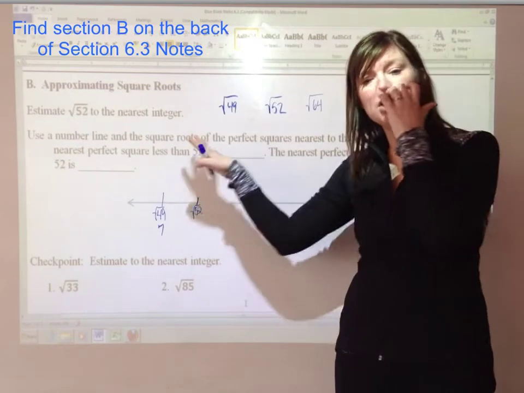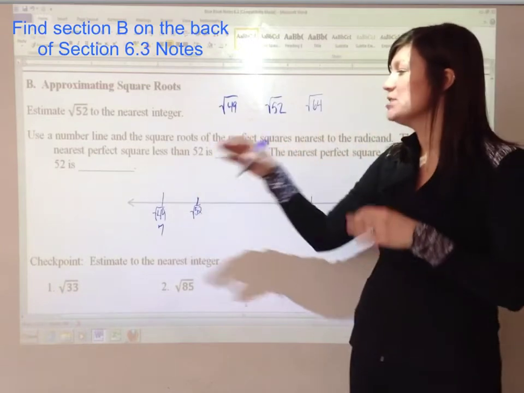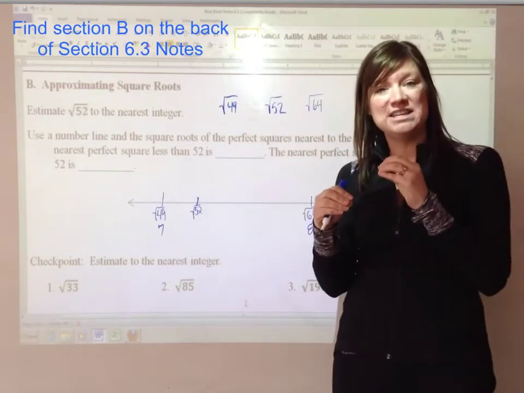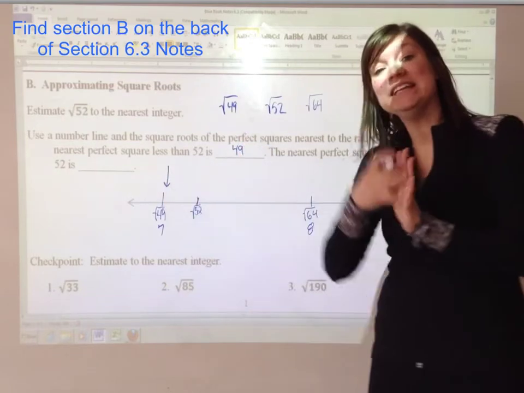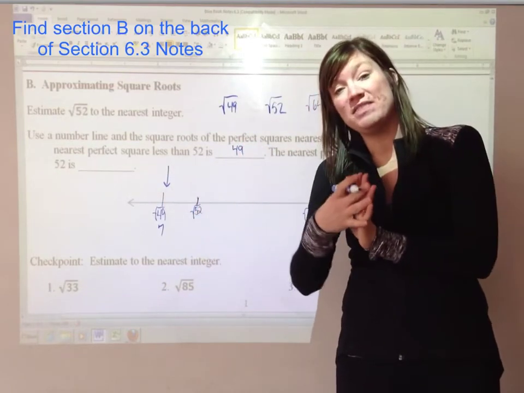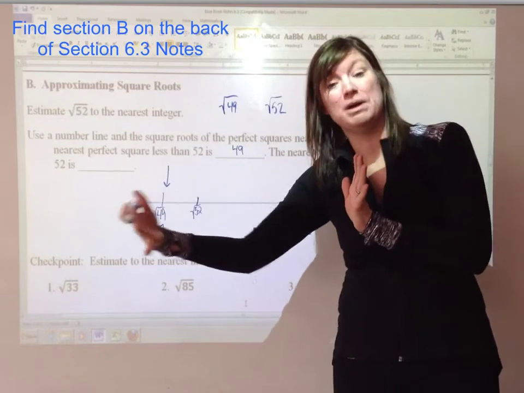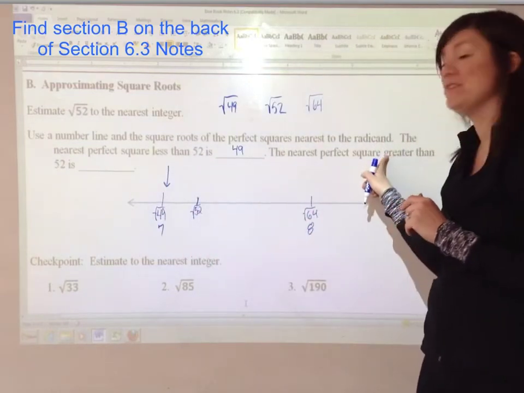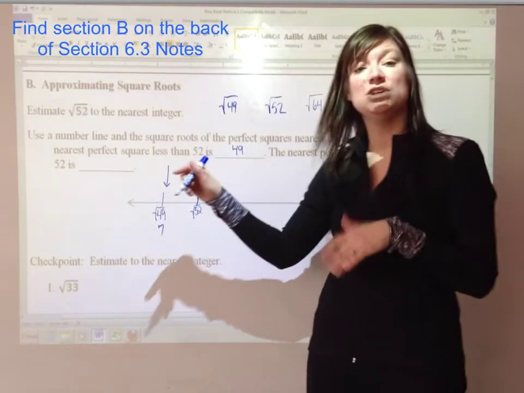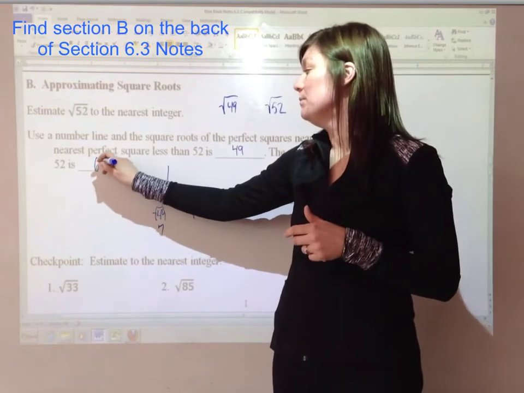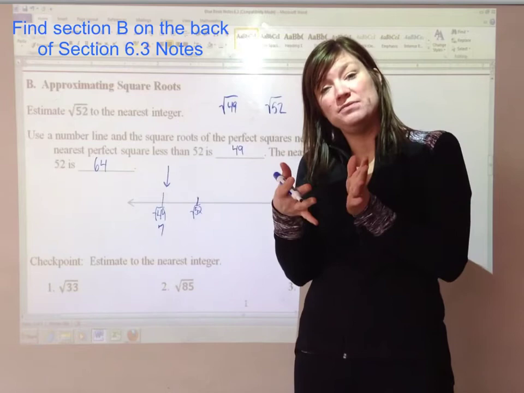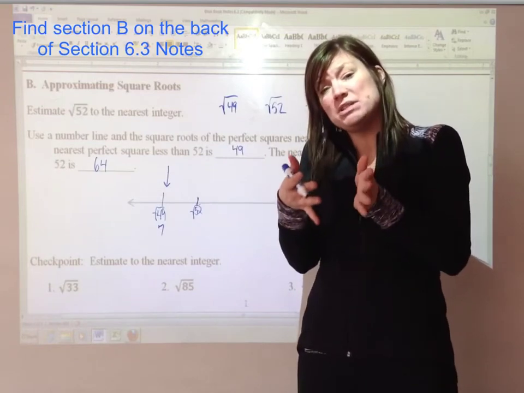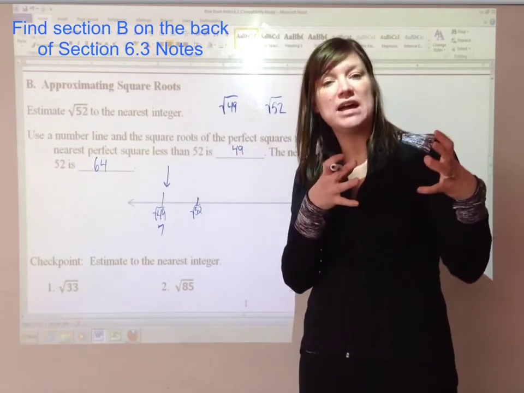So to fill in our notes at the top, it says the nearest perfect square less than 52 is 49. And that's what gives me the left boundary marker, that I know that that's below it. That's the minimum. And then we have the nearest perfect square greater than 52, which I just went through, is 64. That's going to be my maximum. I know that the radical of 52 has to be somewhere between the radical of 49 and the radical of 64.